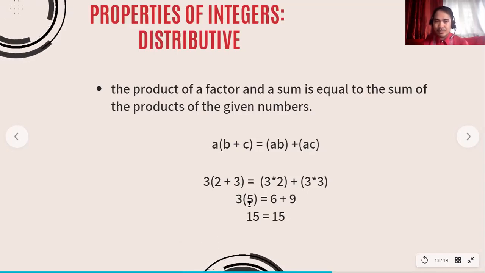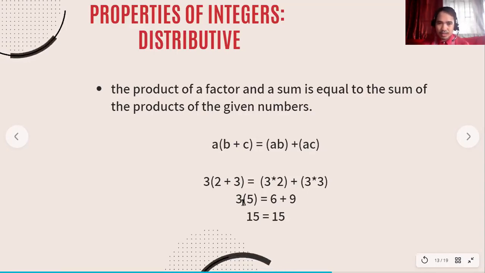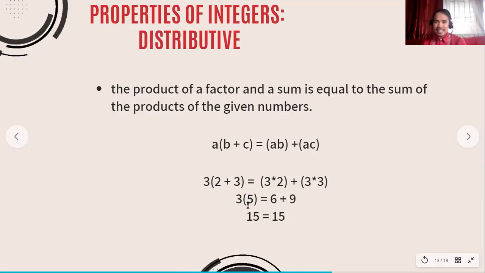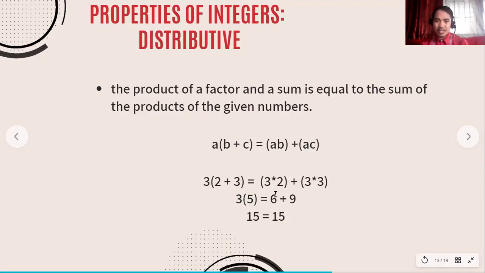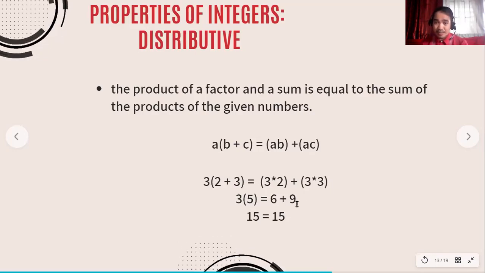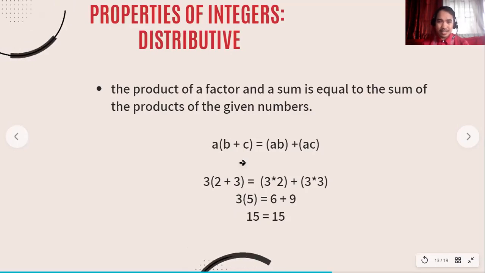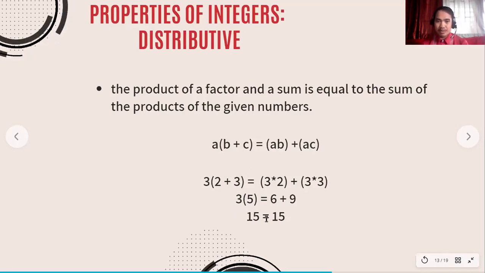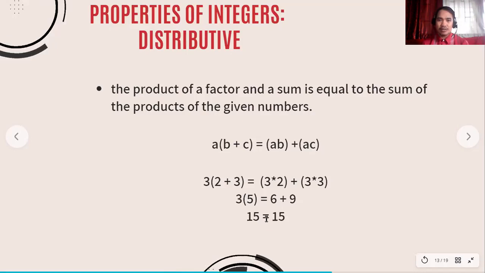Then copy the first factor. Same goes on the other side. That is 3 times 2 is equal to 6 and 3 times 3 is equal to 9. Then 3 times 5 is equal to 15 and 6 plus 9 is equal to 15. As you can see, applying distributive property, we get the same value on each side of the equation.